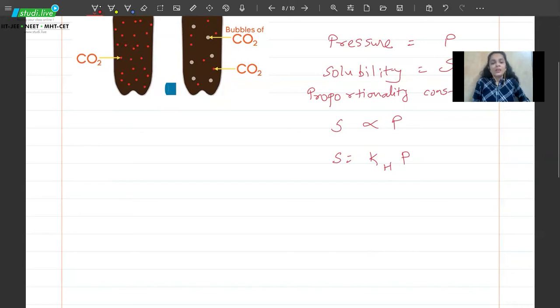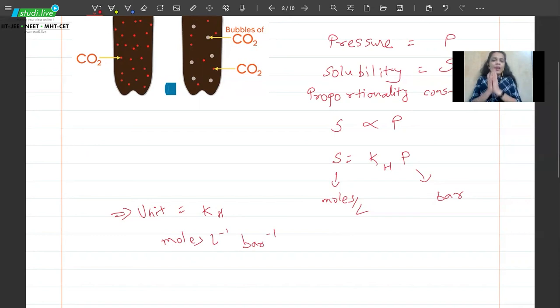Okay, student? The major question that can be asked in your exam is: tell us the unit for KH. What will you say? The solubility unit we had already discussed is moles per liter. Pressure we can say is bar. So what is the KH unit? Can I say the KH unit is moles per liter per bar.